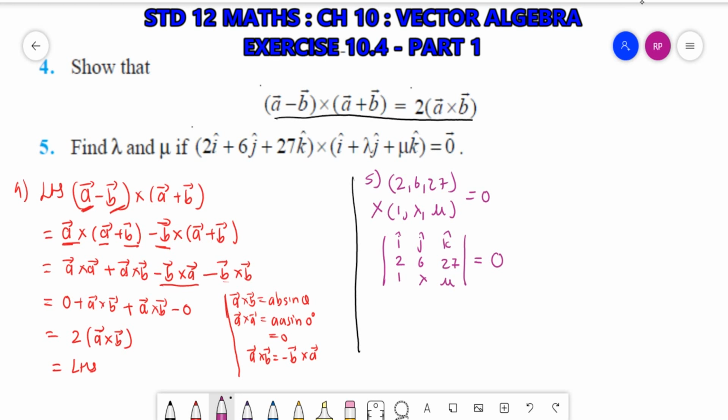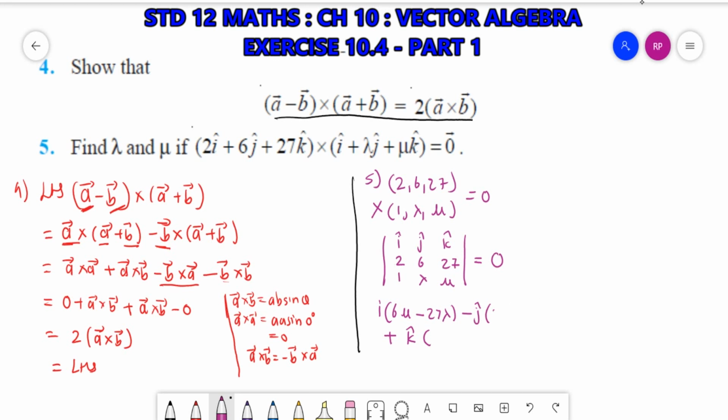Then I will write on i: 6 mu minus 27 lambda, minus j, 2 mu minus 27, plus k. Sorry, there is a mistake in j.